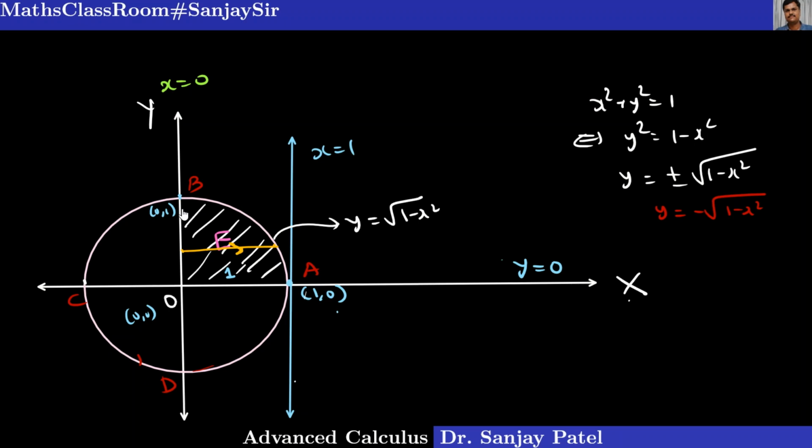If the strip is here or anywhere, the left end and the right end lie throughout this region on the same curve. The left end of the strip lies on the y-axis, that is x equal to 0, and the right endpoint of the strip for all its positions lies on this circle. So it is a regular region. So there is no problem.